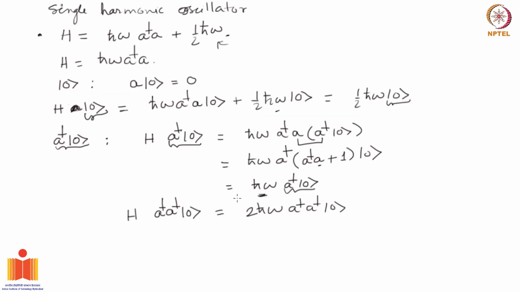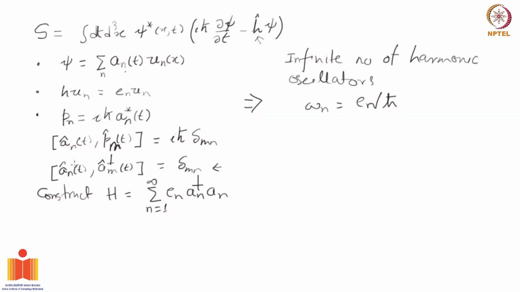So this is saying that a and a dagger commute if they belong to different oscillators. If n and m are different, then you get a 0 here, so they commute. The only issue is when they belong to the same oscillator, the index m and n, then only they do not commute.